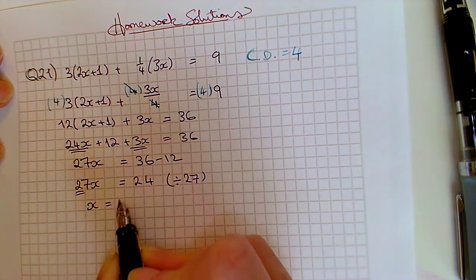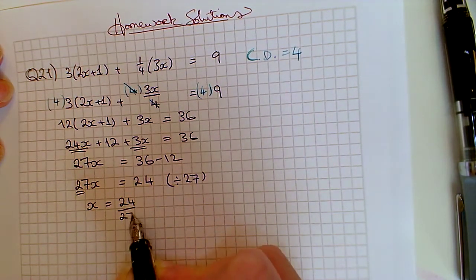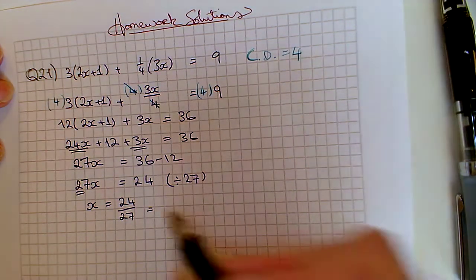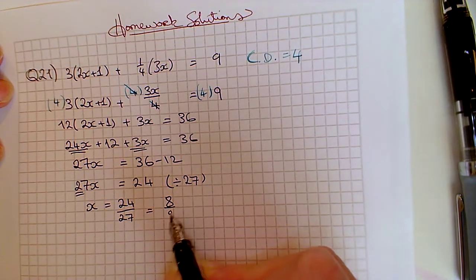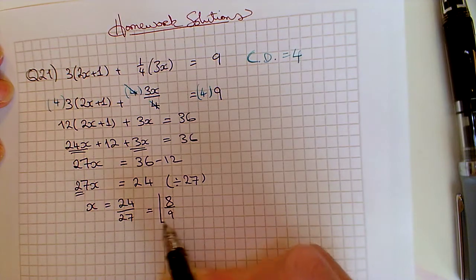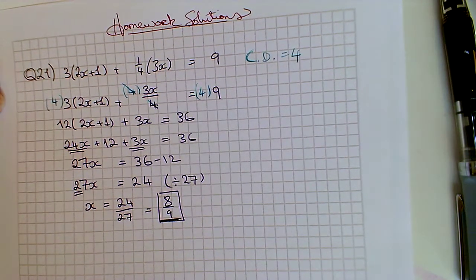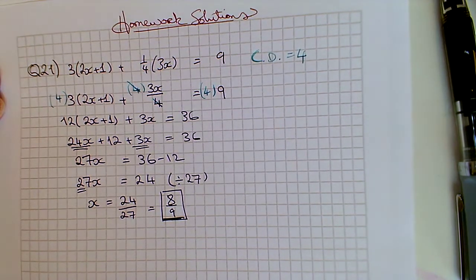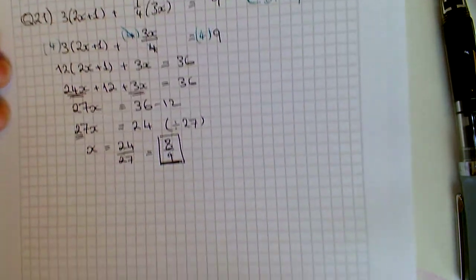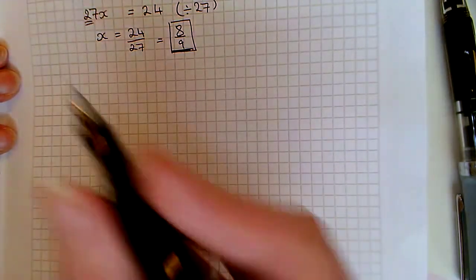So x is 24 over 27. I wouldn't leave it like that. I'll simplify it, write it in its simplest form. So x is equal to 8 over 9, 8/9. We did get a fraction as our answer, and that's okay. And I wouldn't change that to a decimal because we'll get a recurring decimal.